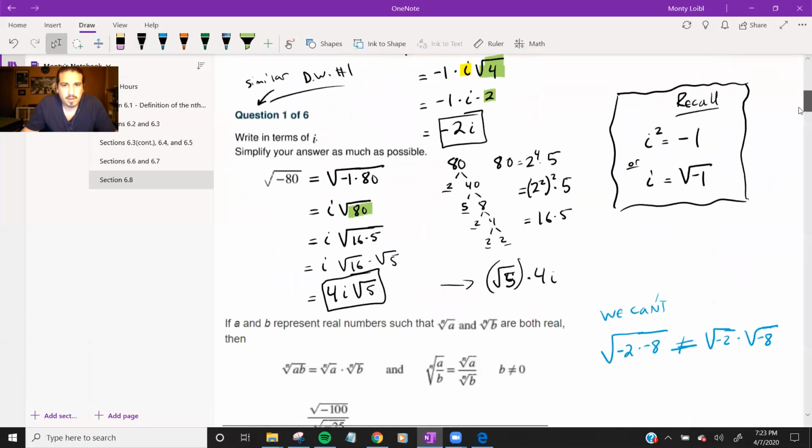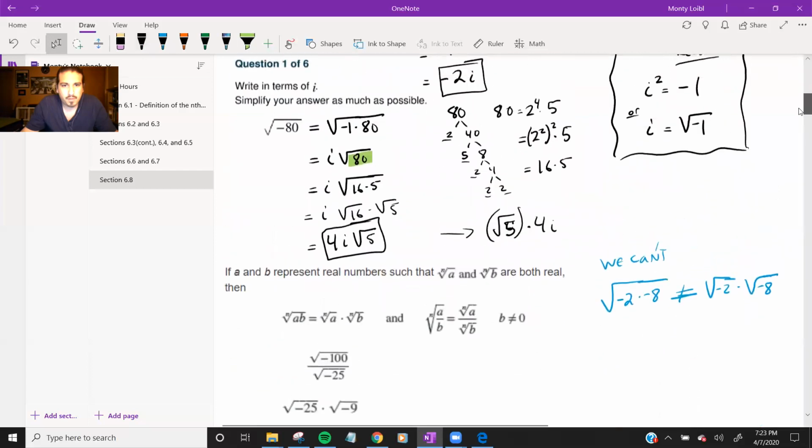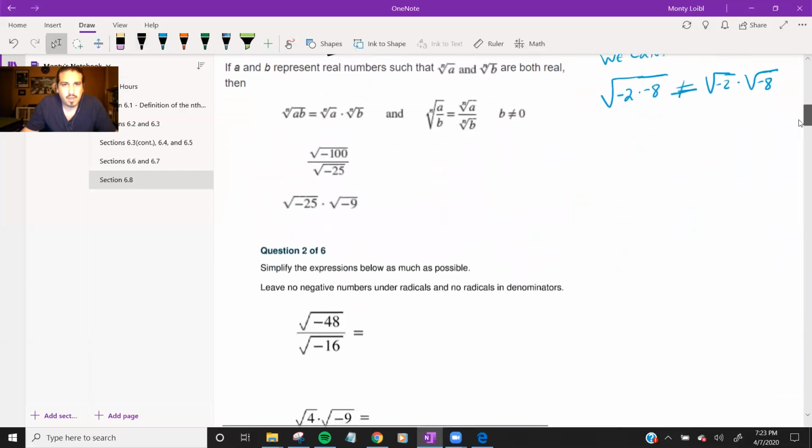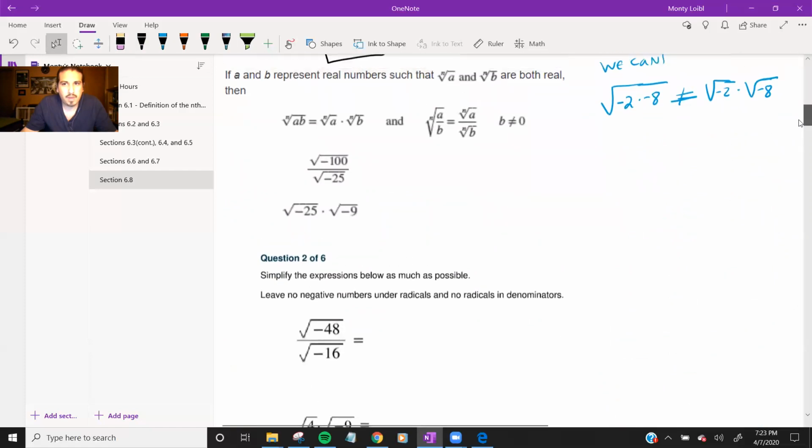Okay, so I'm going to move back down. So we have that property, and we need to evaluate these right here. This is like your second daily work problem. It'd probably be good to work these before we do the daily work problem.